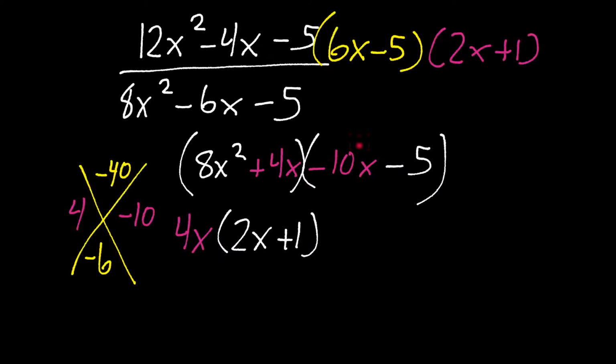And over here, this looks exactly the same as before, so I can take out a negative 5 from both. And this also becomes 2x plus 1.